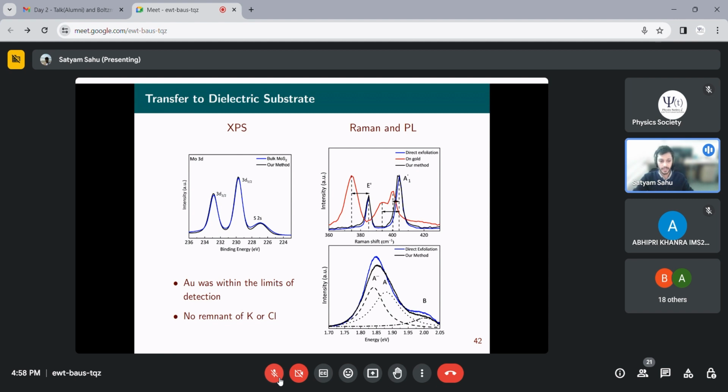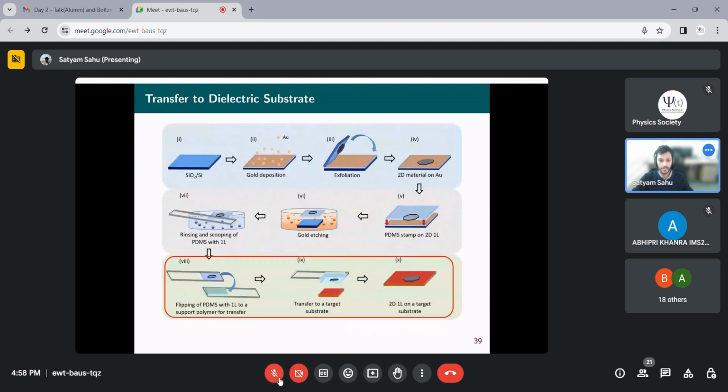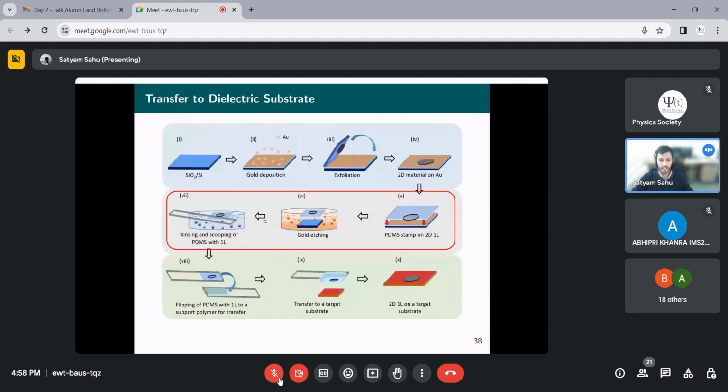Sometimes, when you are using this gold etching technique, you're putting the samples in the solution, and it's possible that some of the gold will come to your material. So it's important to see if you have those contaminants in the final sample.